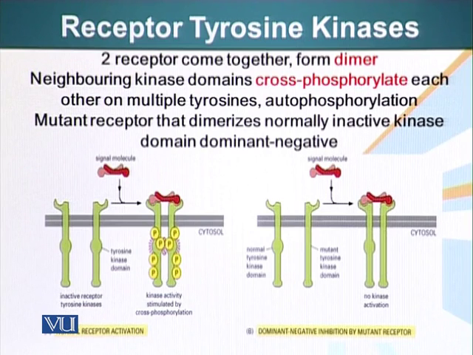What do I mean by that? The two receptors have to come together, and when they come together, their cytoplasmic domains, when they are sitting in close vicinity of each other, they have a weak kinase activity. When they come together, the kinase domain of these receptors, here I can point that out.